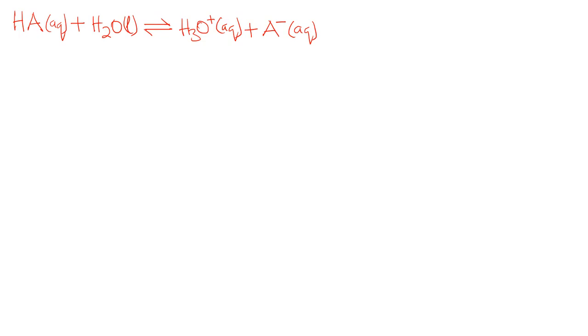This acid, as it dissolves in water, will have an acid constant that we call Ka. Ka of this acid will be given by the product of the products divided by the acid.